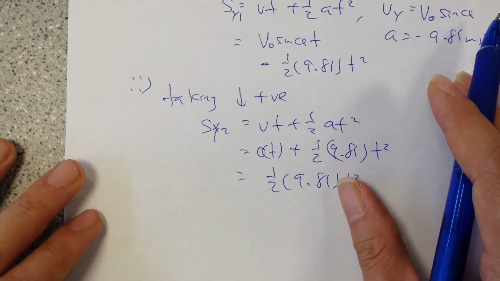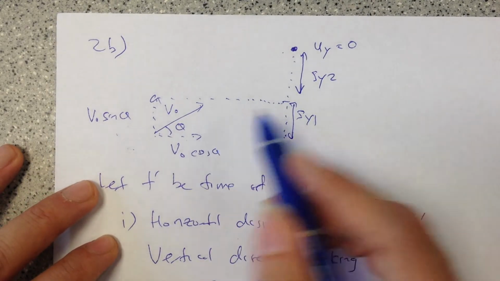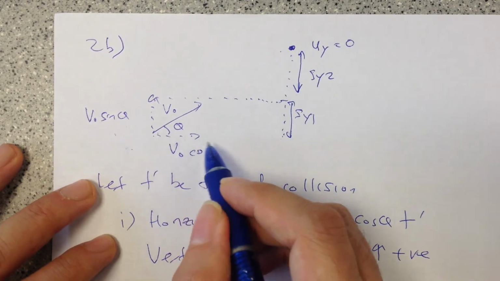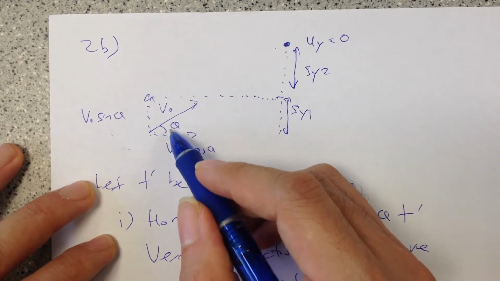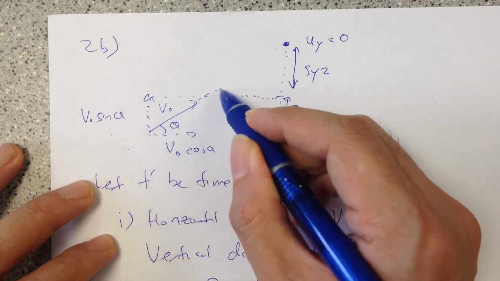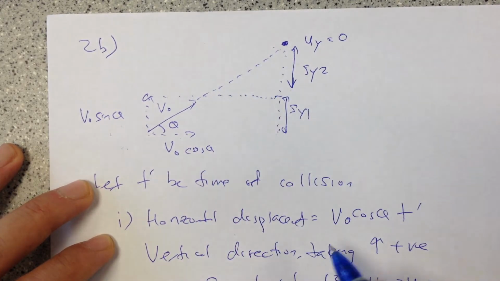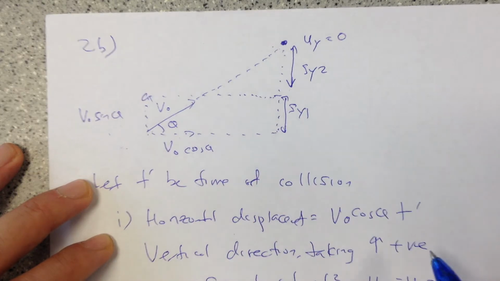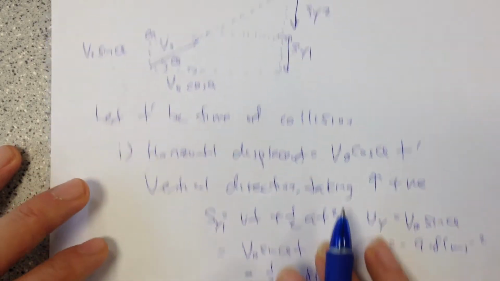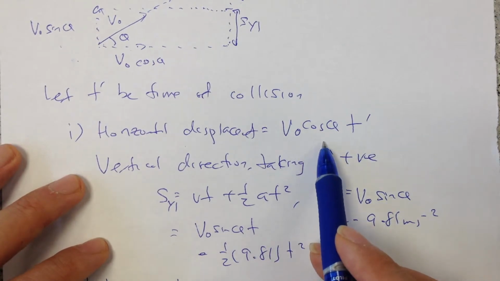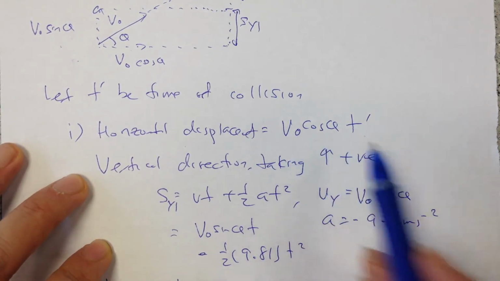Now if you look at this diagram, the hunter is really aiming at the target right from the start, and we know that the horizontal displacement at the time of collision is going to be v cosine theta t.